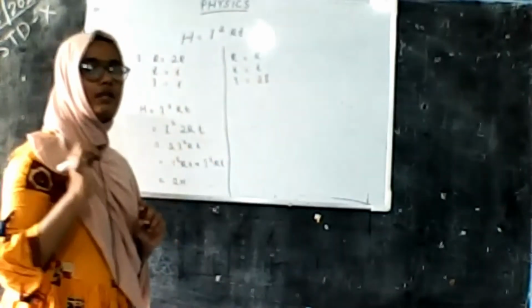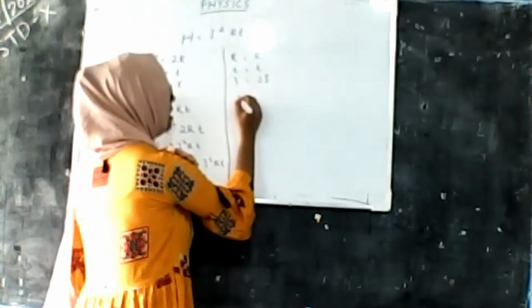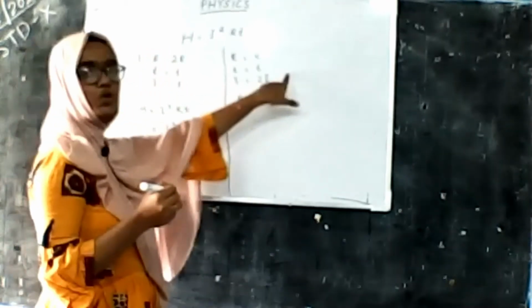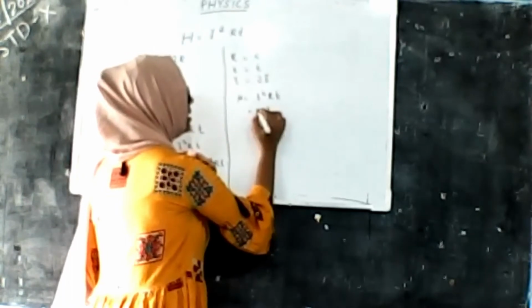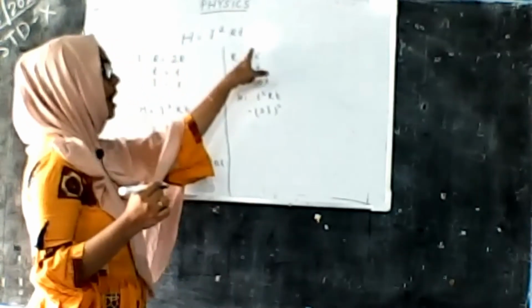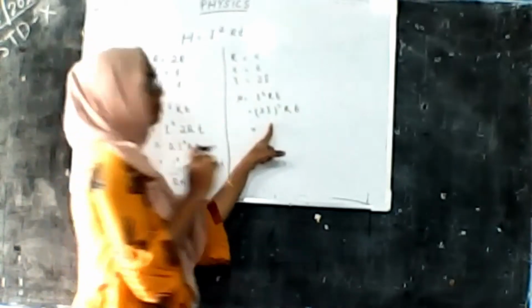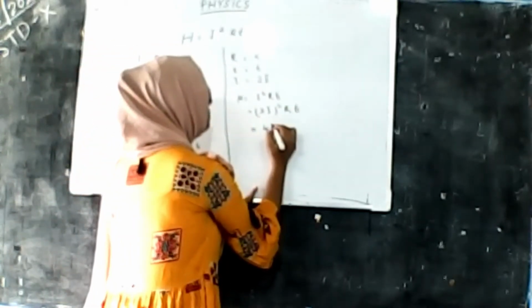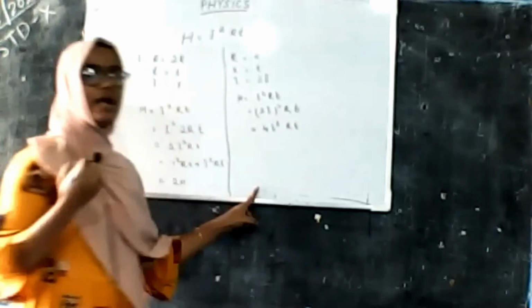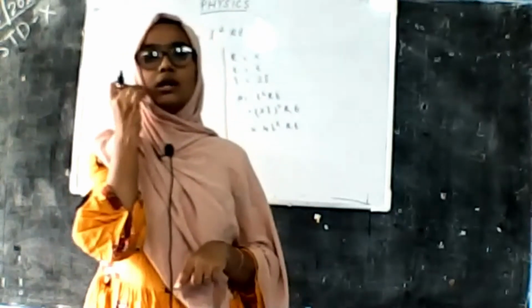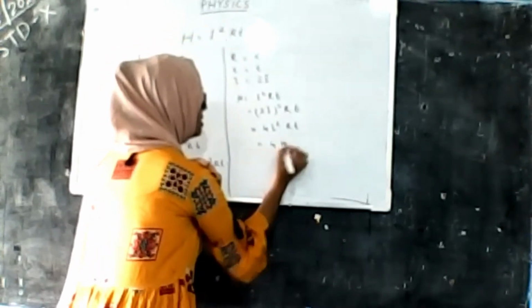When we put all these substitutions into our equation H is equal to I square RT, I is 2I, so 2I whole square into R, with T is equal to T. Then we get 4I square RT as the answer. So here the heat change is 4H.